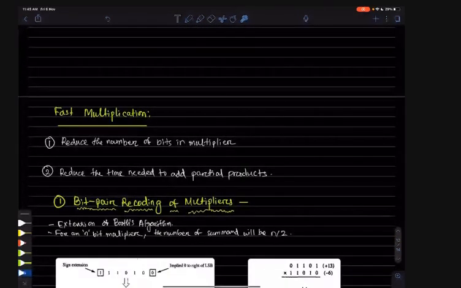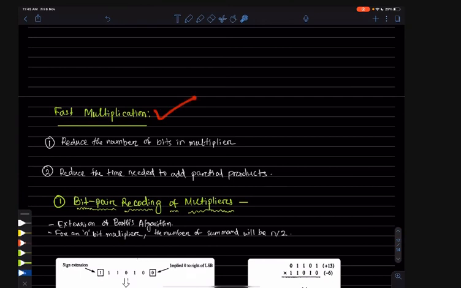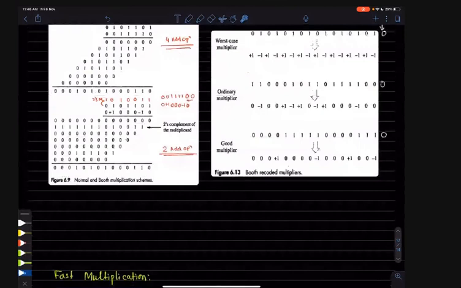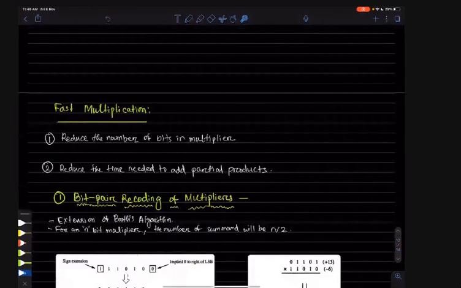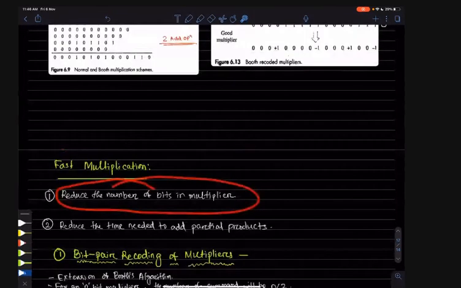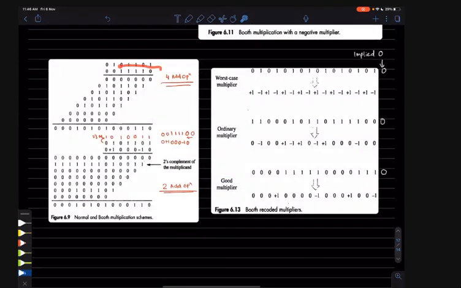Then there is a way to make this multiplication faster. You can do the multiplication faster than the previous case. There are two different techniques available to make the multiplication faster. The first one: reduce the number of bits in the multiplier. Because the multiplier has so many bits, we have to do so many multiplications.